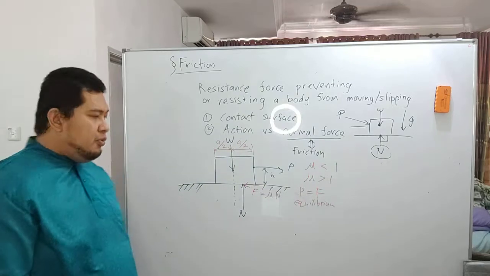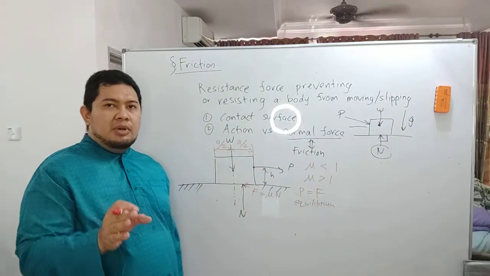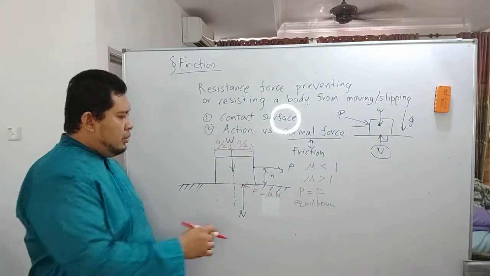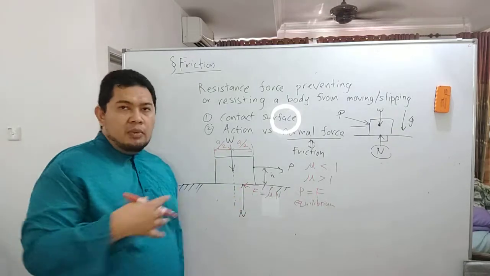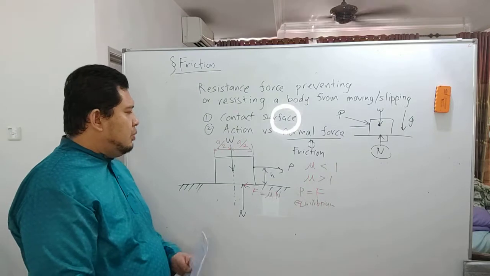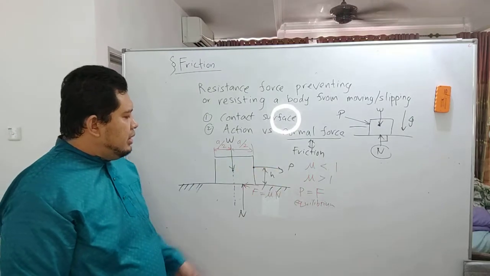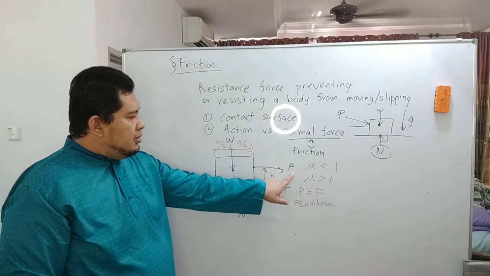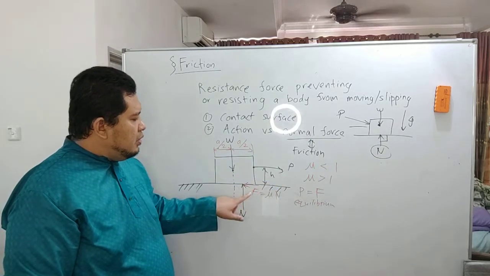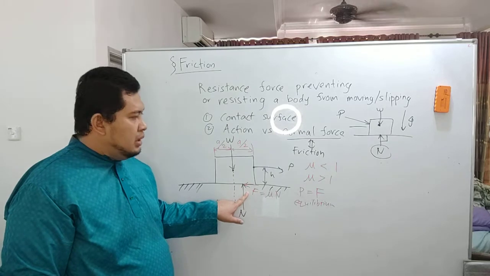Equilibrium means it's still not moving until a certain point, when you reach the maximum friction force. When you apply a load over here, the load should be equivalent to this friction force.